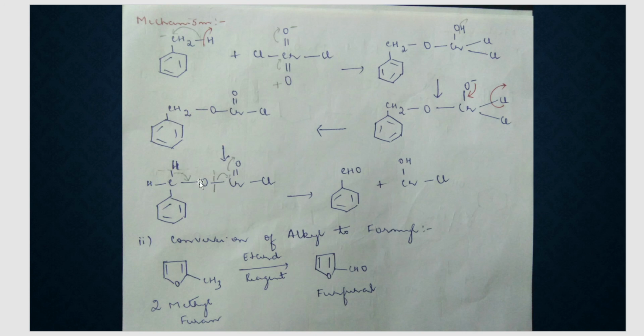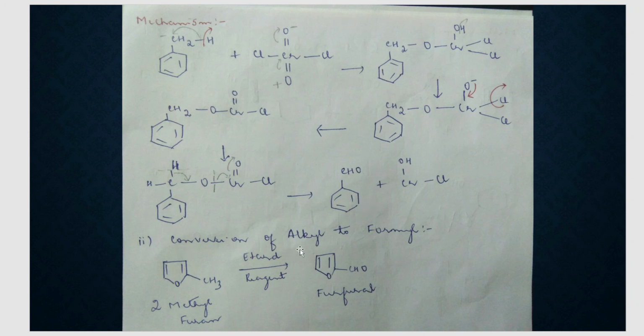Here I have just opened CH2 and written there's an elimination of a proton, that is H. This H is being removed, so this bond directly shifts between this carbon and this oxygen. So now we have CHO, and one proton got eliminated which will go and form a bond with this oxygen. We have Cr, Cl and OH. So this is the reaction mechanism, and that's how we convert methyl benzene into benzaldehyde.